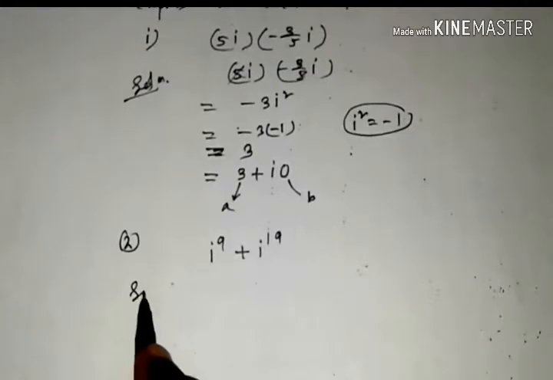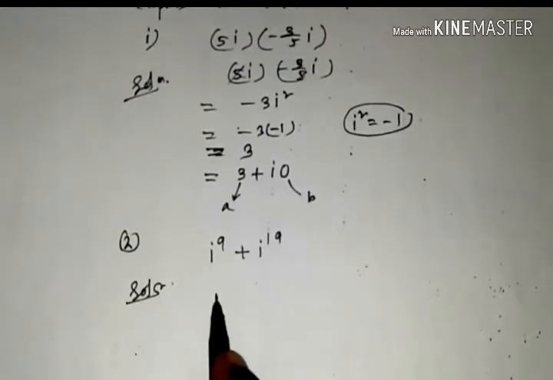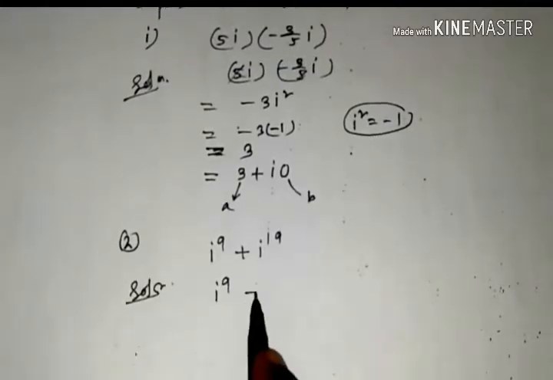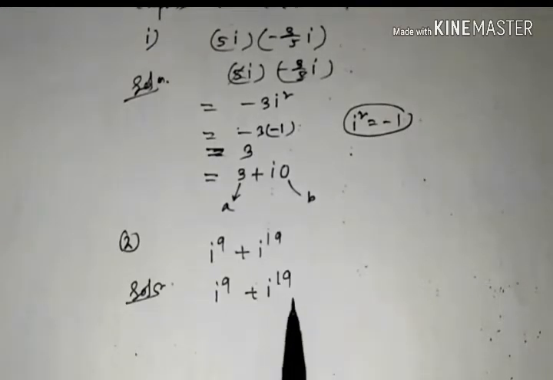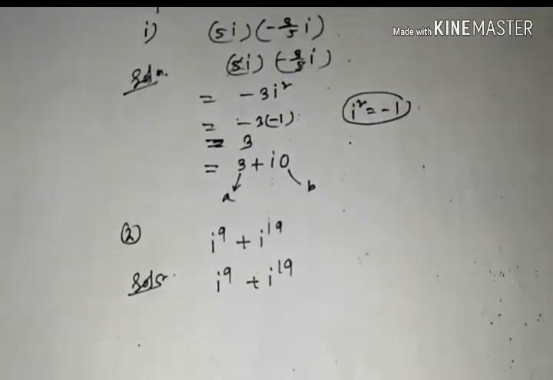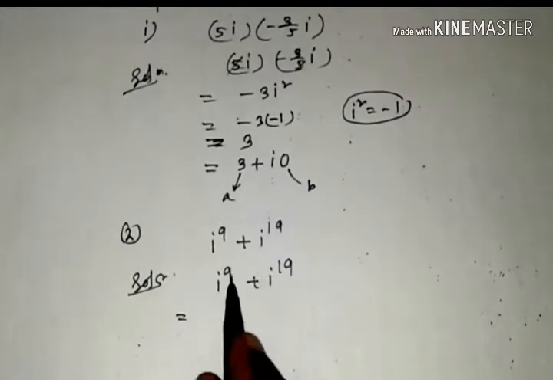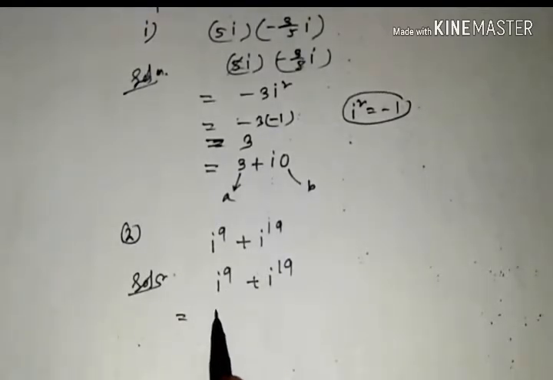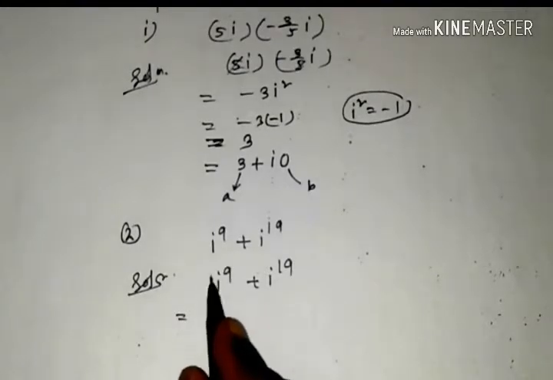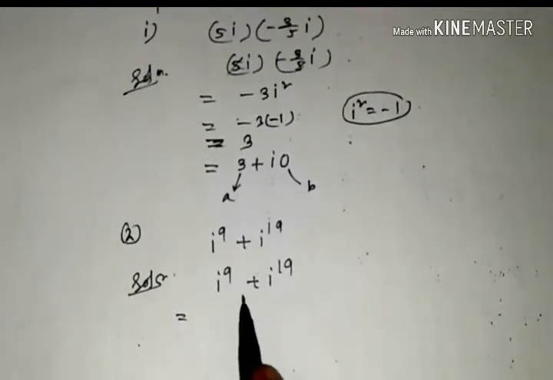Solution: i to the power 9 plus i to the power 19. We have to split it in terms of i to the power 4. It is very easy if we break it in terms of 4.